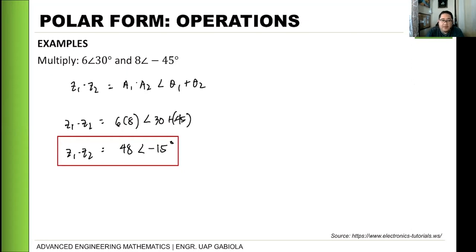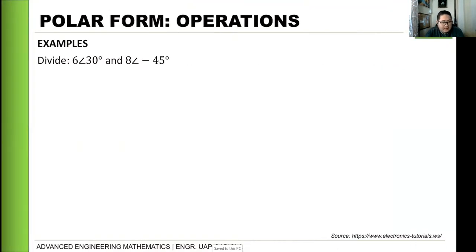So very straightforward naman siya, no? Okay, next, we have division. So divide natin yung number, 6 angle 30. So same number lang, no? By division naman, we have Z1 over Z2 is equals to A1 over A2. And then angle natin is minus. Okay?